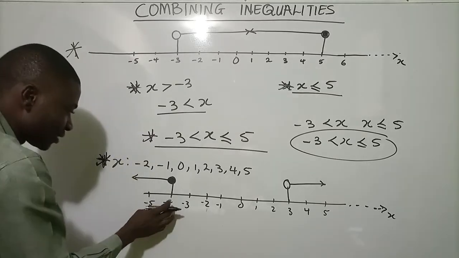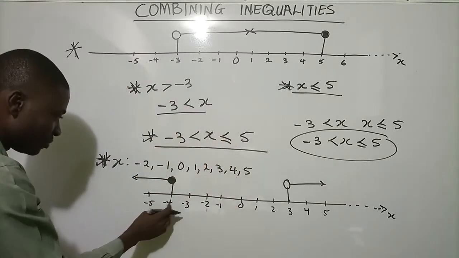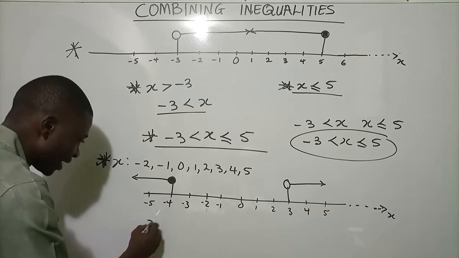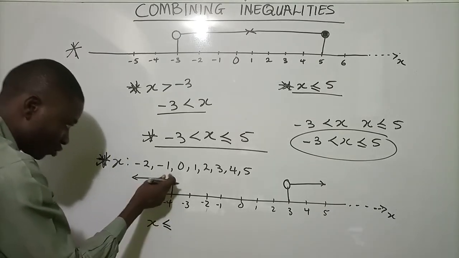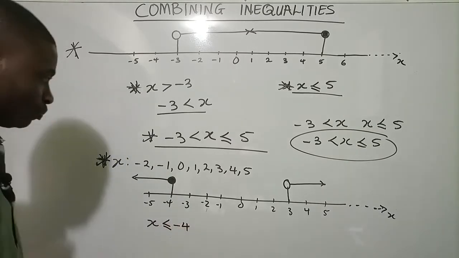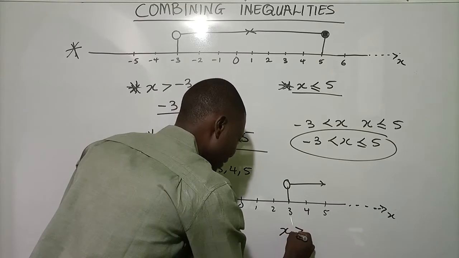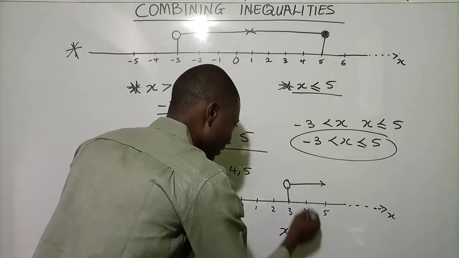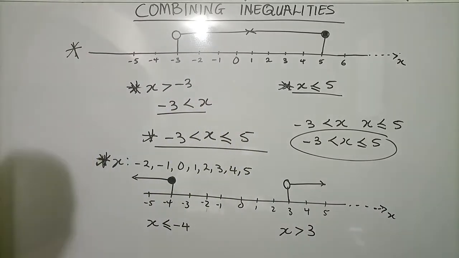From our previous video that we uploaded, look at where the arrow is facing: x is less than or equal to minus 4. And here means that x is greater than 3.